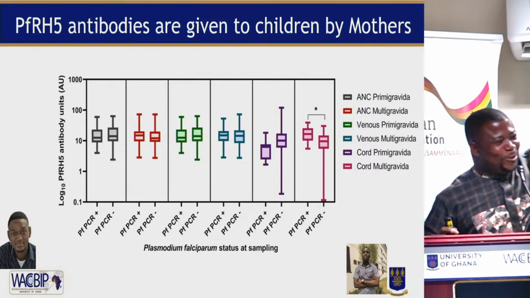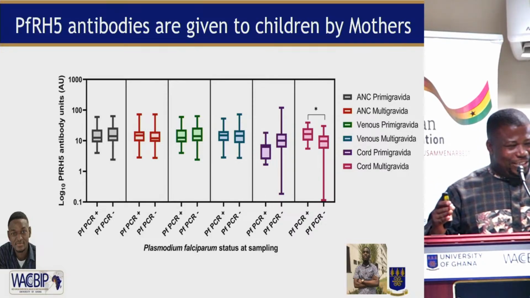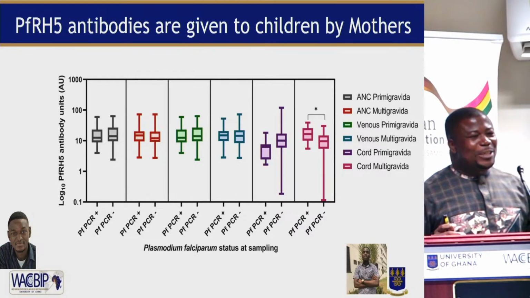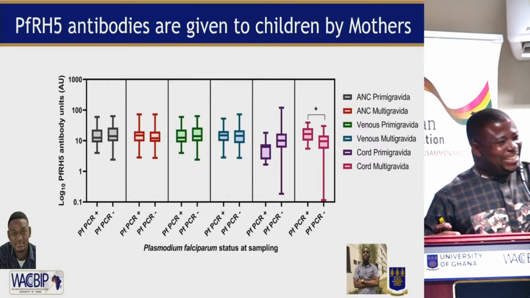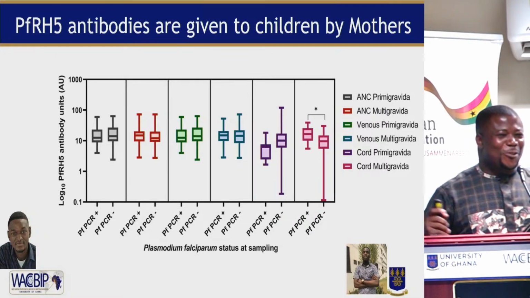Then if you go to the north, where the malaria season is just one, there also you go down a bit. So looking at these individuals, the simple question is, what allows the child in Kintampo to be able to carry parasite and not fall sick?